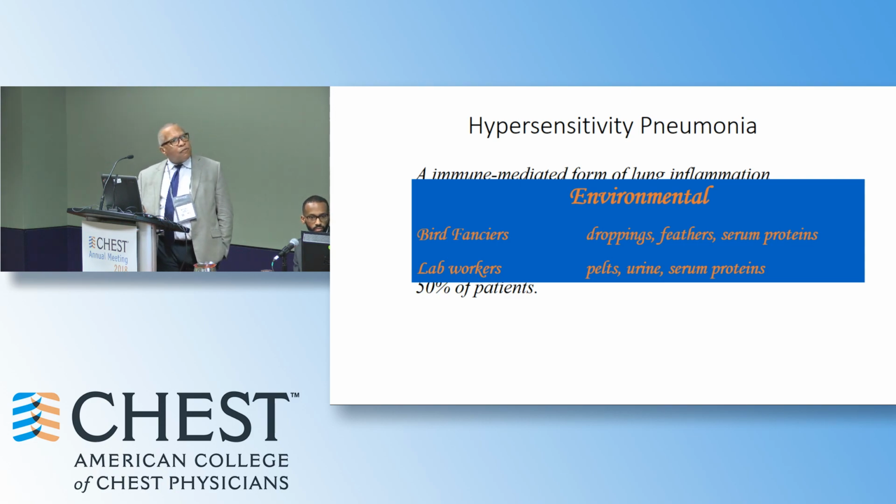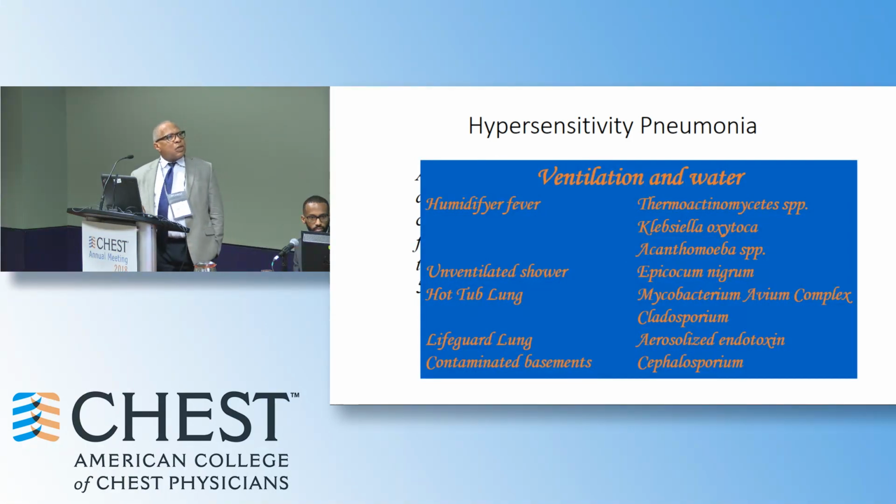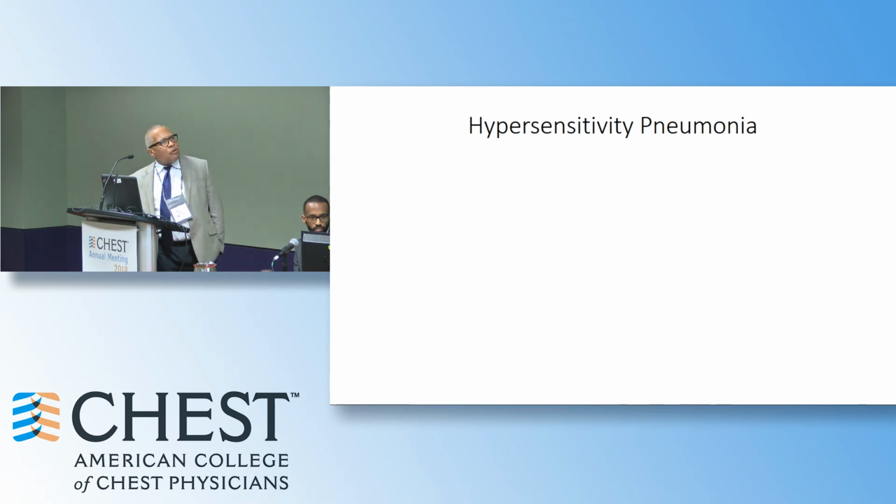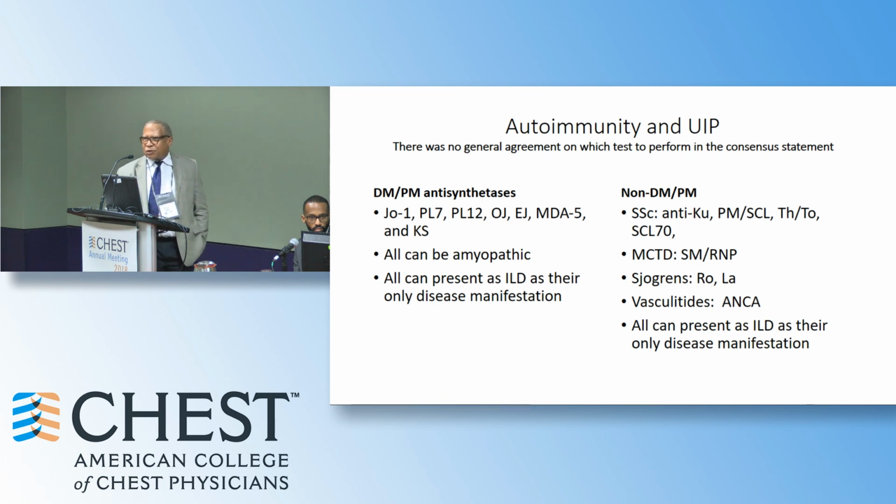But what we can't often get in the history are the other causes. Unventilated shower, humidifier lung disease. These are diagnoses that are very difficult to make preclinically. Often we discover these patients after they get a surgical lung biopsy that shows granulomas, and then you go back and get the history and figure out what's going on with regard to their etiologies.